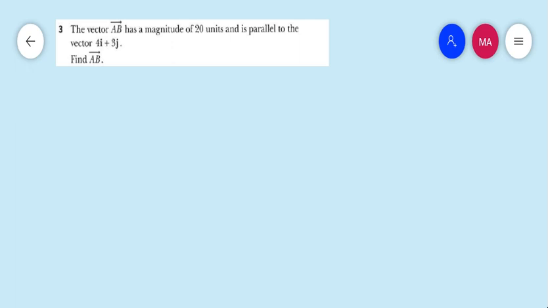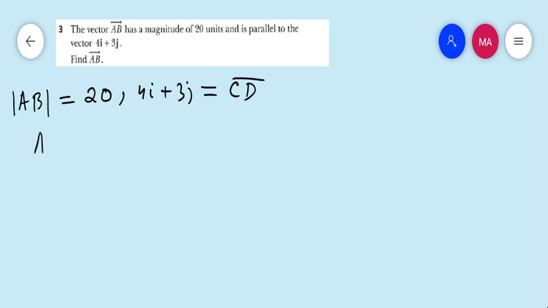So AB, this is the sign of magnitude, is given as 20, and it is parallel to the vector 4i plus 3j. Now assign the name of this vector CD. So according to the question, vector AB is parallel to vector CD.